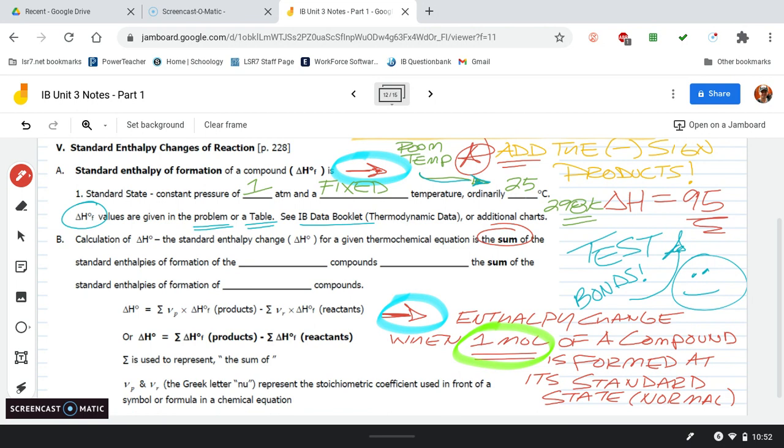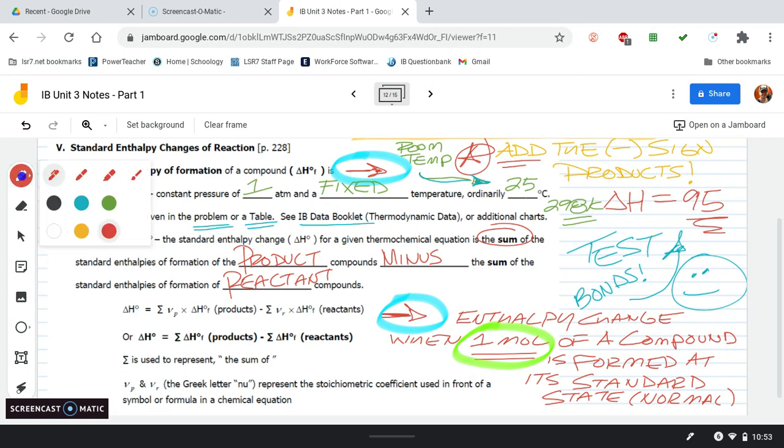That's the theme. So it's the sum of the standard enthalpies of formation of the product compounds minus the sum of the standard enthalpies of formation of the reactant compounds.